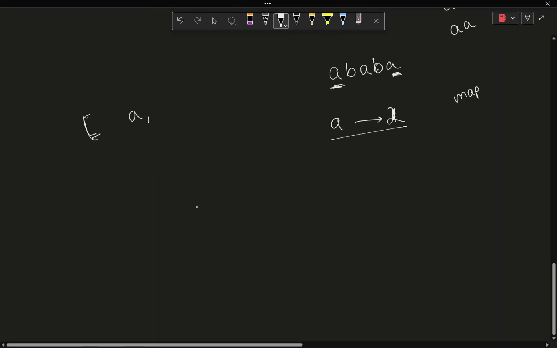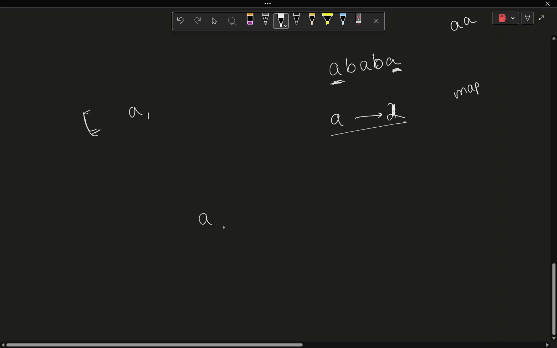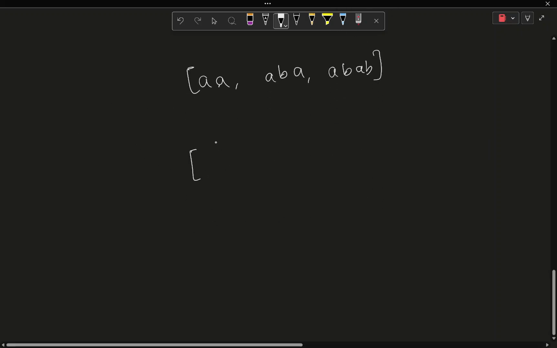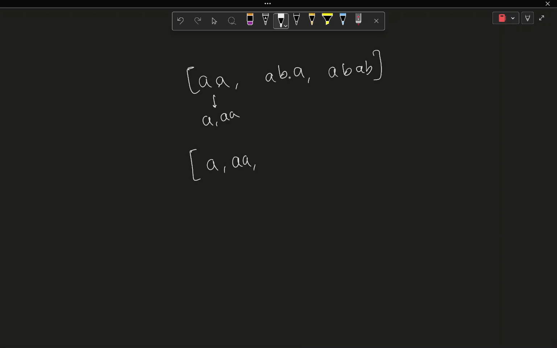maybe let me take up a simple example. If there is a string like AA and a string like ABA and ABAB, in that case I'm talking about an array like this one. From AA you have two strings A and AA, so you will have A and AA. From AB you will have a string A. A is coming as both prefix and suffix.